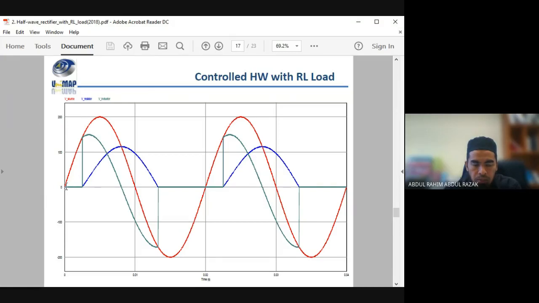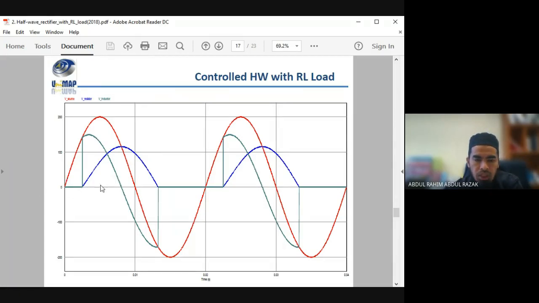From the current point of view, this is the current curve. It triggers at alpha, the current flows up to its maximum magnitude, then it reduces and reduces down to beta, the extinction angle. Meanwhile, your blocking diode blocks.